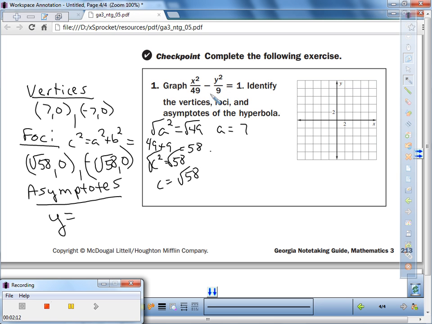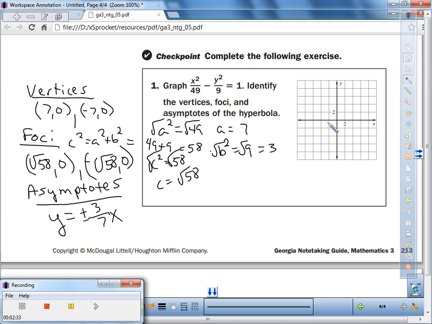So we're going to have 3 over 7, because we know that b squared is equal to 9. Take the square root, and b is 3, and it's underneath the y, so it comes first. So it's going to be y equals plus or minus 3 over 7 x. So that's the properties we had to come up with.